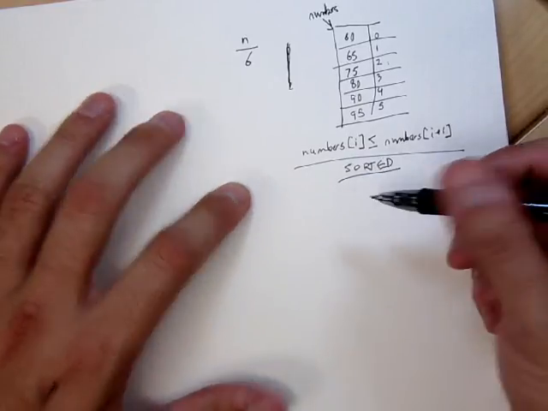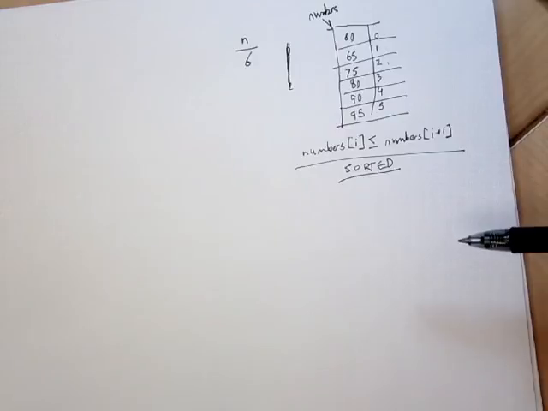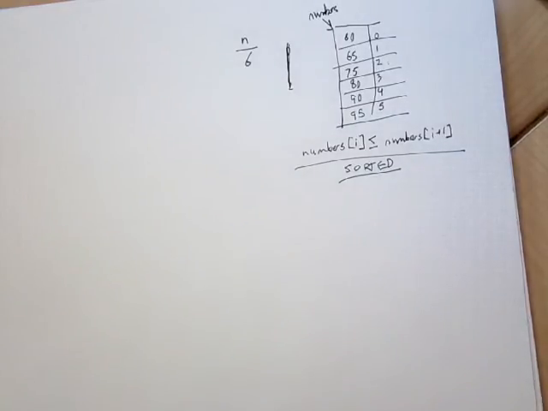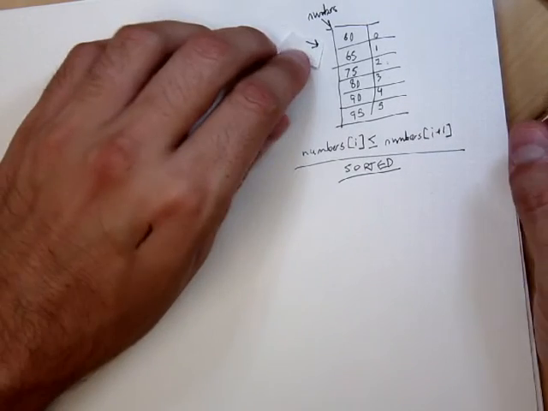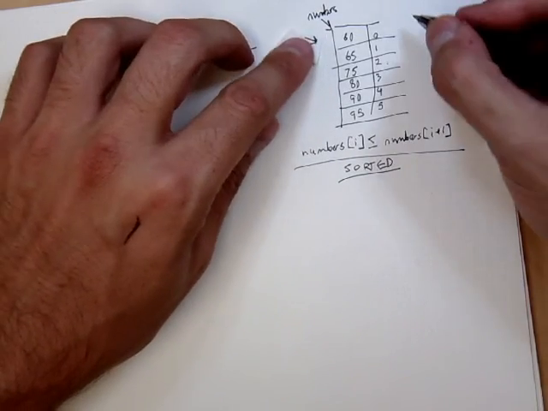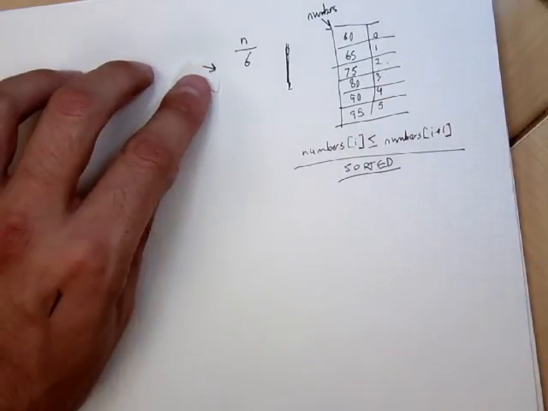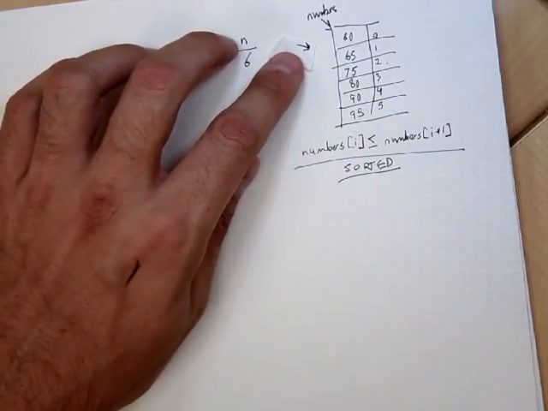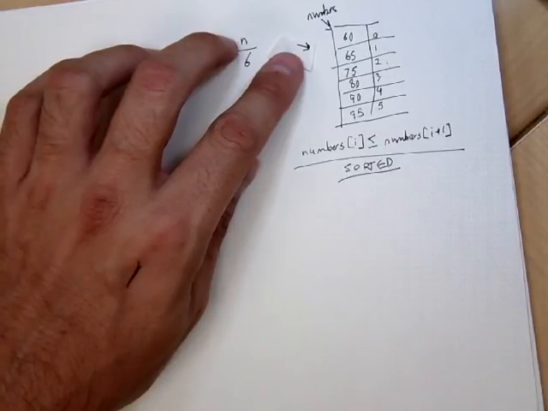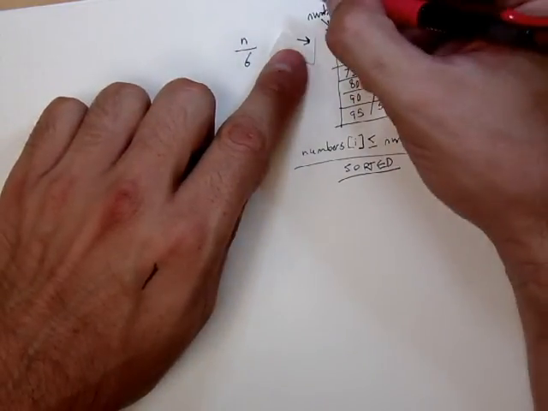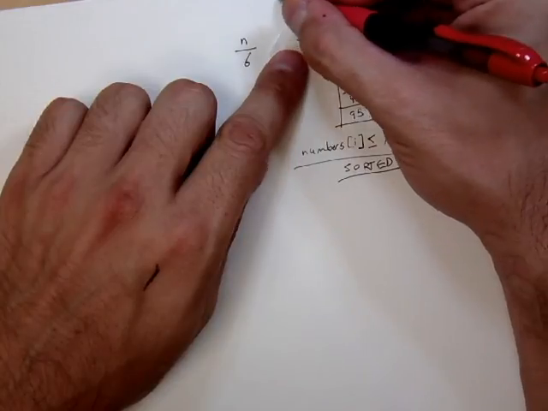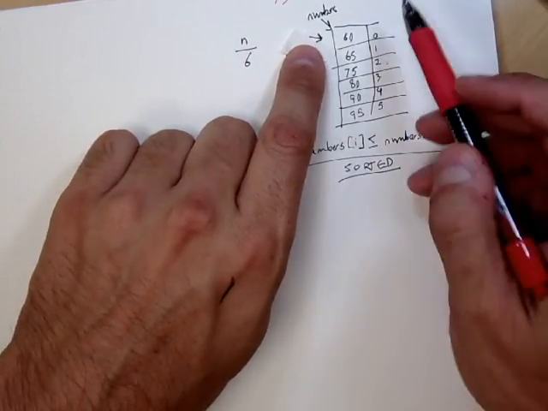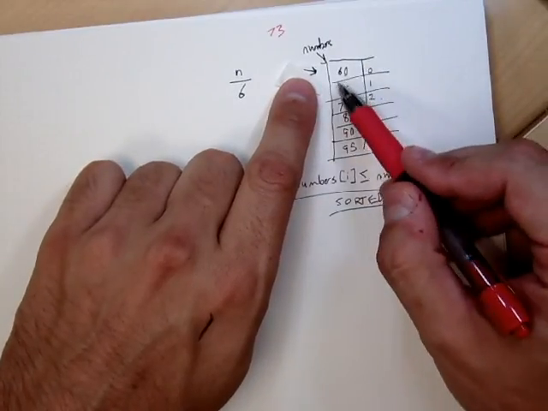And you can actually exploit that piece of information, because if you're searching through a sorted array, you move down. Let's say I'm searching for the number 73, right? So I'm searching through a sorted array, and I see that the array has this value 60.